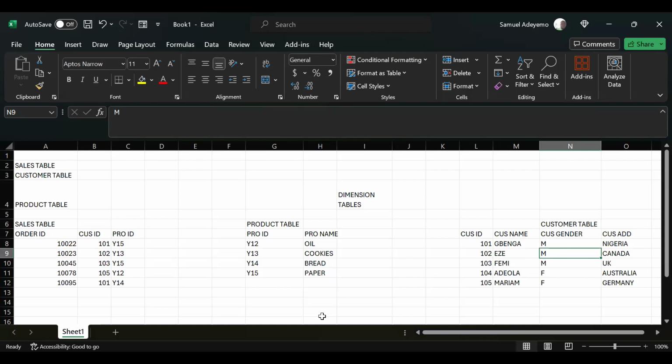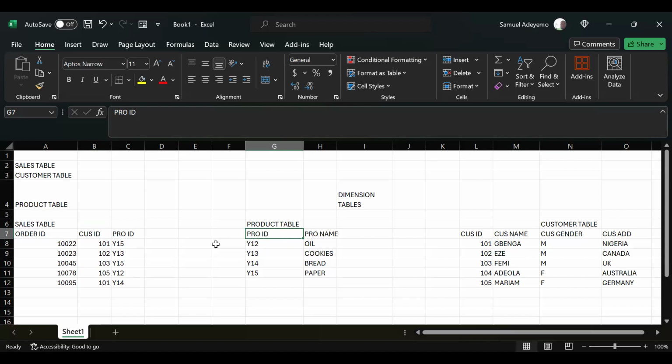Now, let me go to the example of the product table. So we have a product table that has a unique list of all the products. We have 4 products here, right? And on their own table, you see that it's unique, right? One product, one unique ID, another product, another unique ID, right? A unique list.